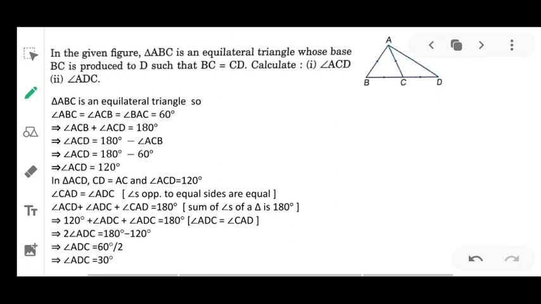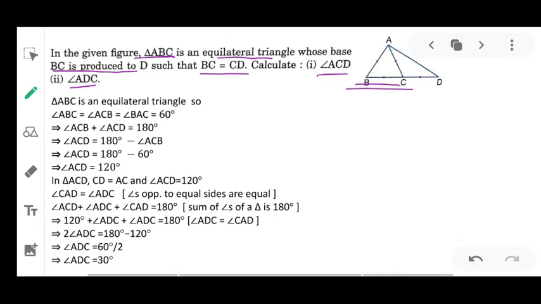Okay, next, in the given figure, triangle ABC is an equilateral triangle whose base BC is produced to D such that BC equals CD, and calculate angle ACD and angle ADC.